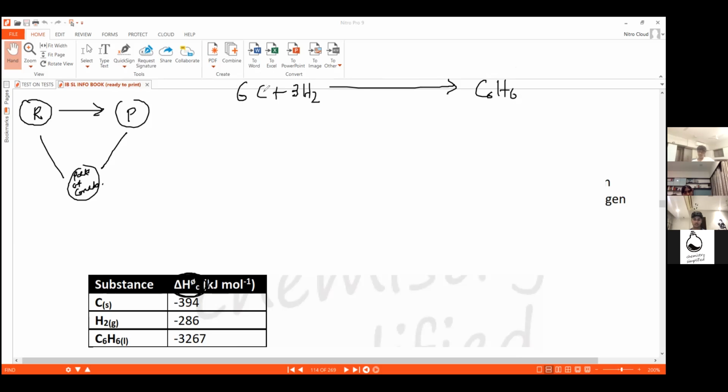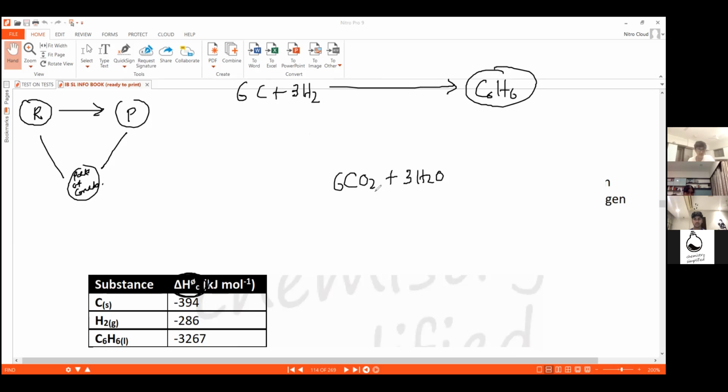So let's look at the reactant. Reactant has 6 carbon. When carbon burns, what is produced? Carbon dioxide. When hydrogen is burnt, what is produced? Water. So 6 carbons give 6 carbon dioxide, and 3 hydrogen gives 3 water. When benzene is burnt, what do you get?